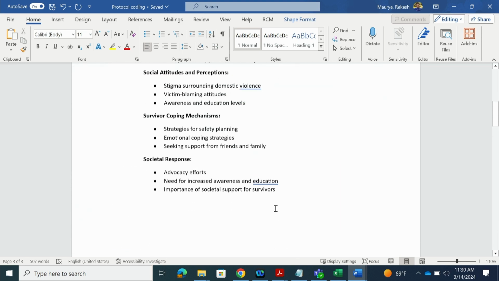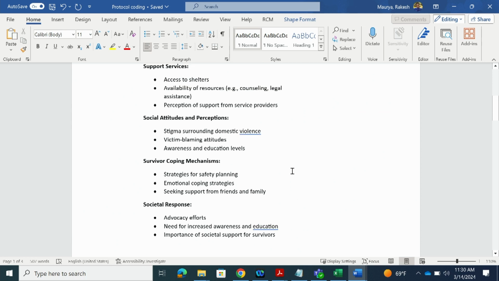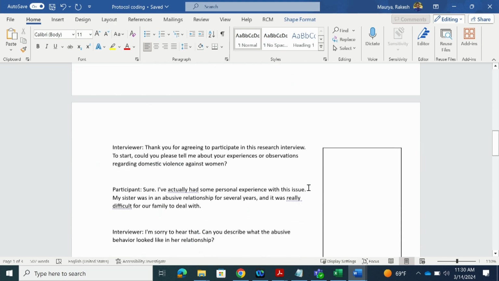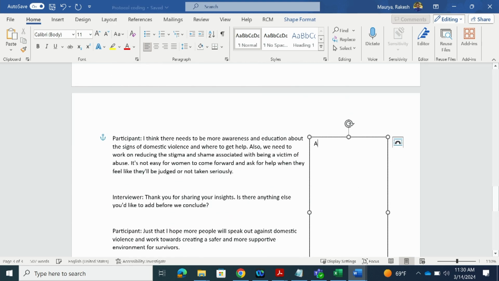And let's see, we got a code here. So awareness and educational levels, this code fits in there. So let's go back. Awareness and education.